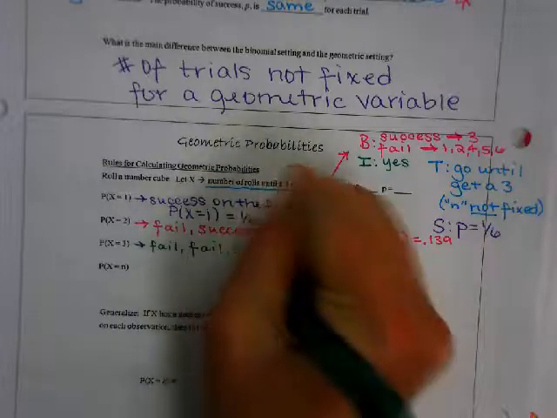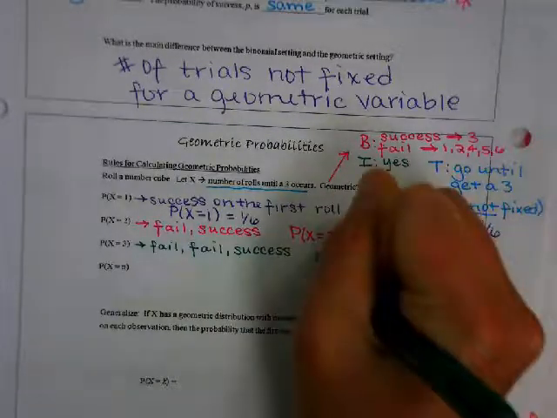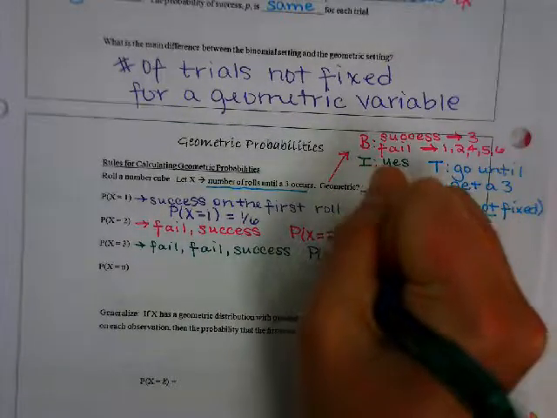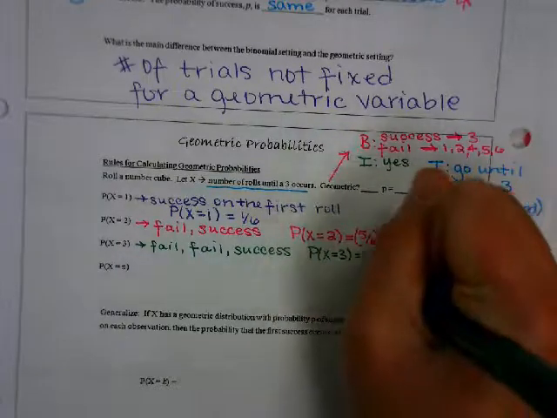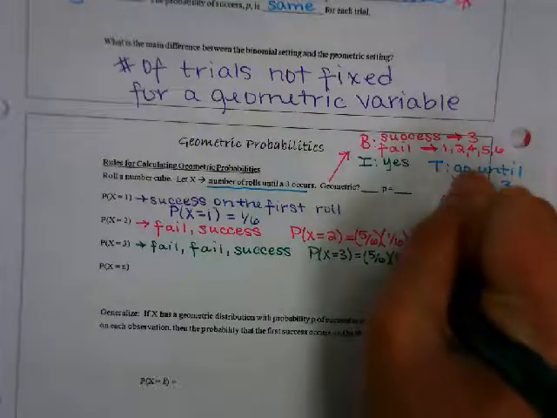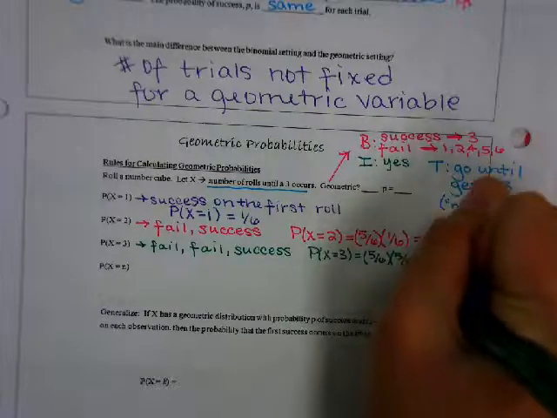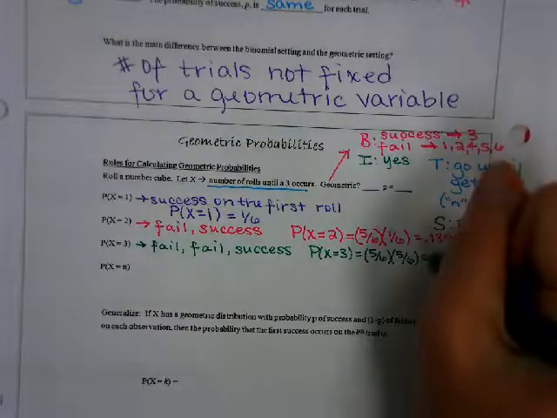So the probability of failure is what? 5 out of 6, and then I get another failure, so 5 out of 6 again, and then I get a success, 1 out of 6.